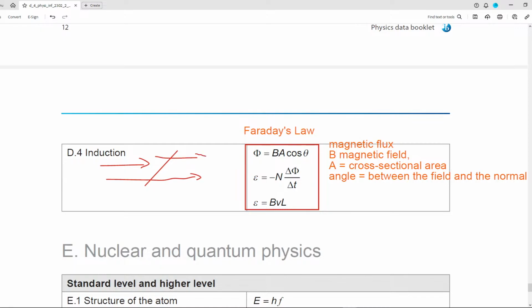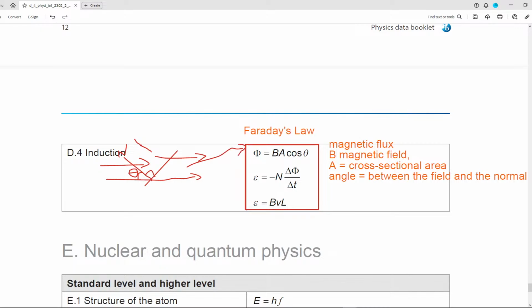Then the normal, of course, is this line right here, and the angle right here is theta. Why do we use the normal line? It's because the normal line is where the force is the greatest, and therefore generates the greatest amount of current.